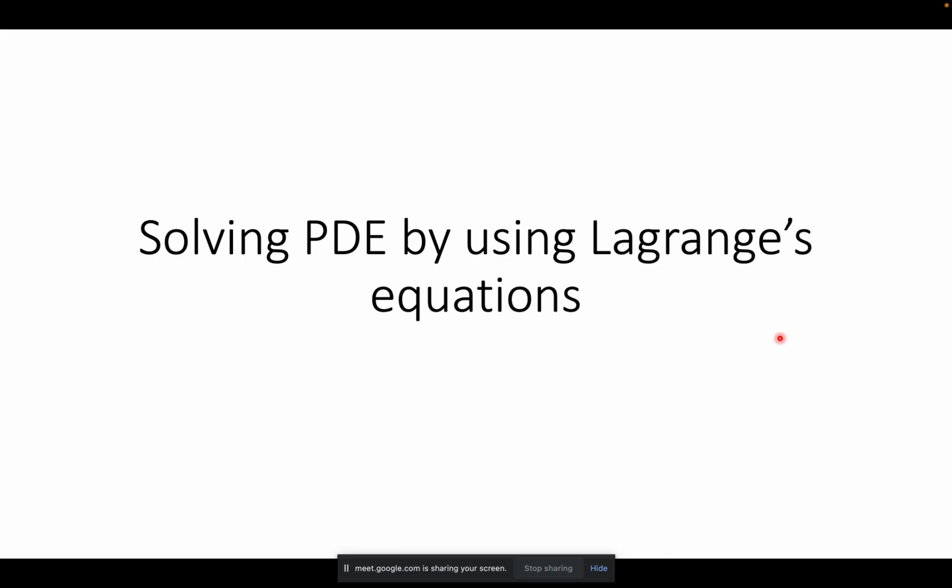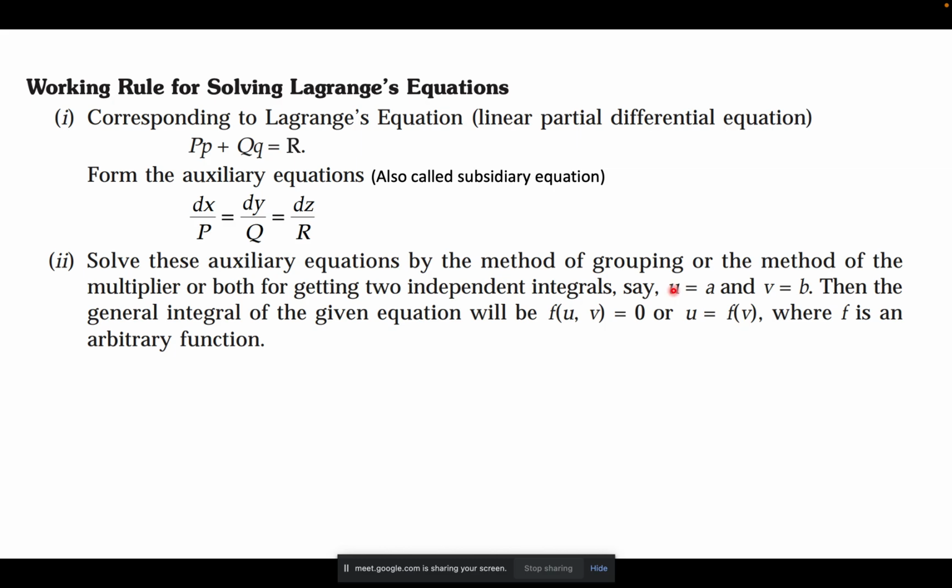I will show you the rules for solving these linear partial differential equations by using Lagrange's equation, and then we will solve 2 or 3 problems on the same. So here is the working rule. First of all, this method is only applicable to linear partial differential equations where the partial derivatives have an order of 1, right?